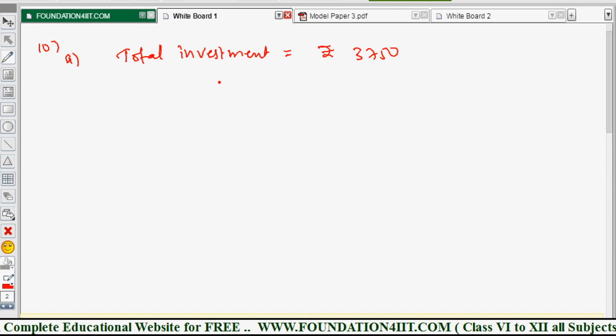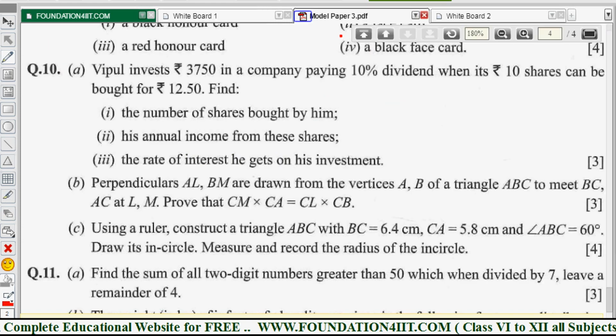And as per the question, nominal value of one share is rupees 10 and market value of one share is rupees 12.5. That is 125 by 10, or you can write 25 by 2 in terms of fractions. And dividend also is given. Dividend is 10%. Yes, this is the given data.